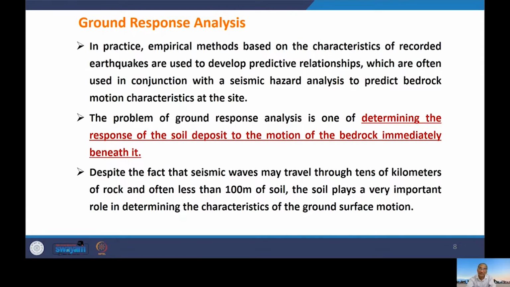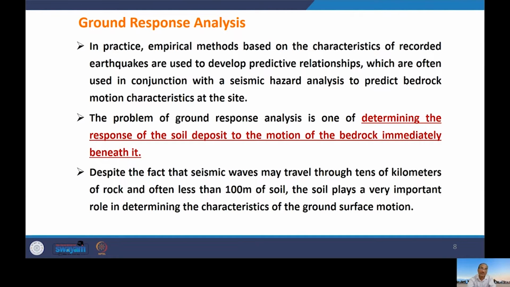But when these earthquake waves are traveling from the focal point towards the ground surface, they pass through rock for kilometers, and the soil cover on top of the rock is only a few meters. Mostly it may be less than 100 meters, it could be 20 meters, sometimes even 10 meters or 5 meters only. When the waves are traveling through the rock, their characteristics don't change much.